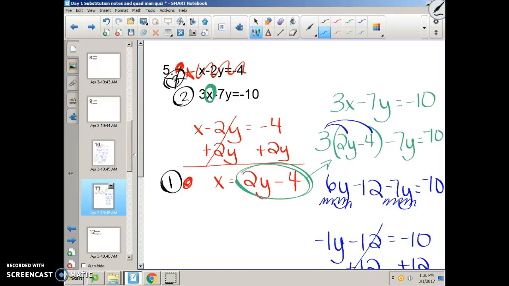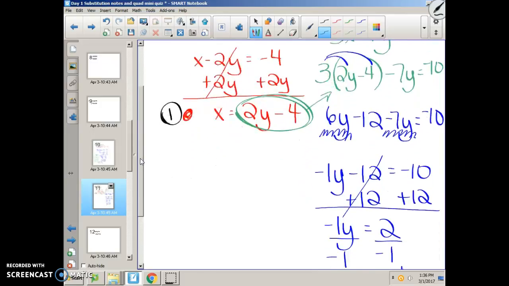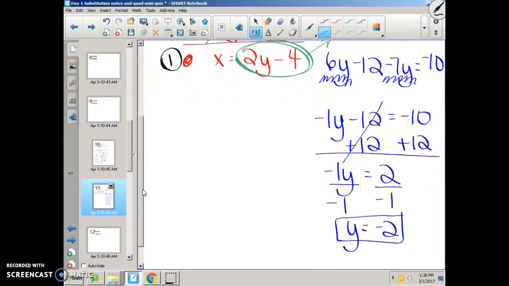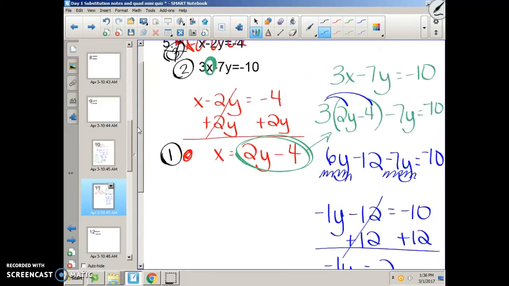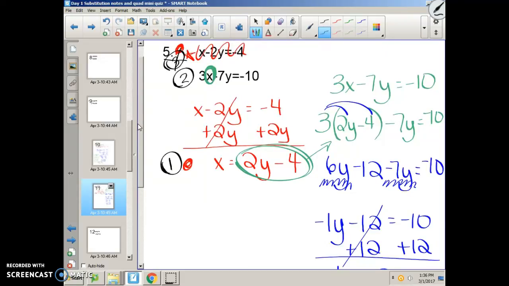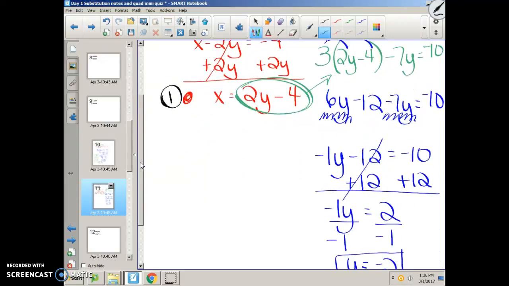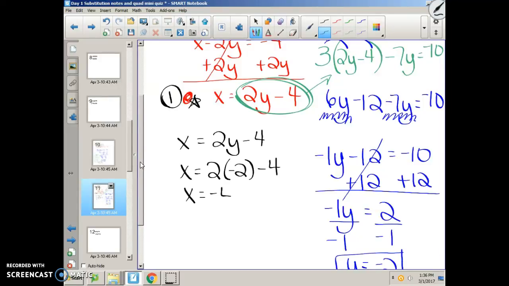So I can either pick the one where x is by itself, or x is kind of tucked away with all that stuff. Well, if I'm trying to solve for x, why would I pick the one where x is stuck in the midst of the 3 and the 7 and everything else? I'm going to pick this guy. So x is equal to 2y minus 4. Well, I just figured out that y is equal to negative 2. So, finish solving it.